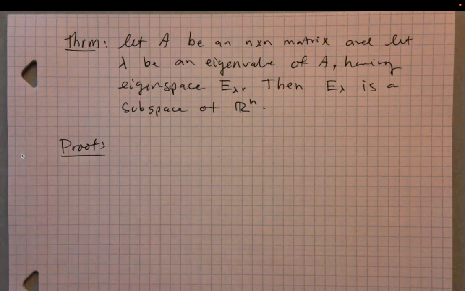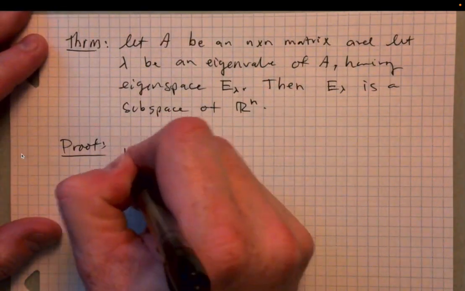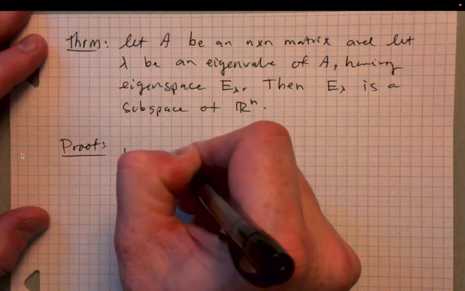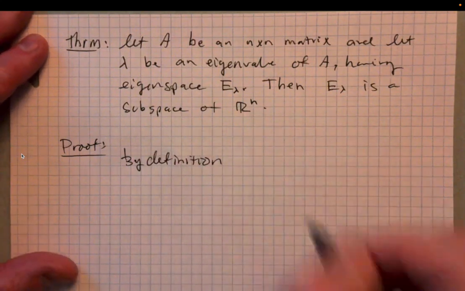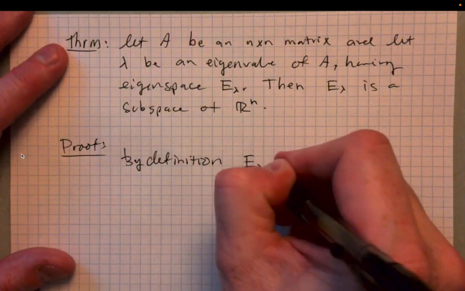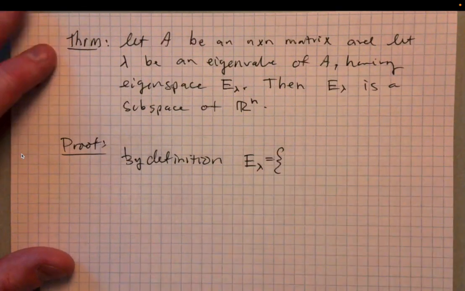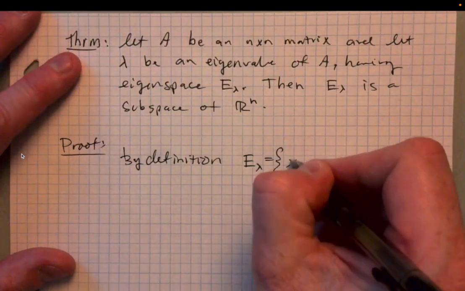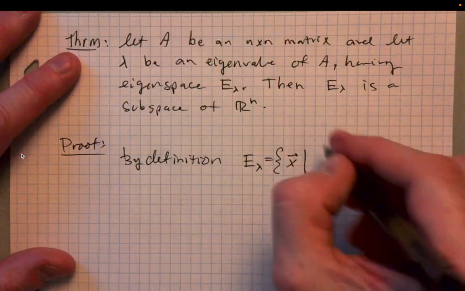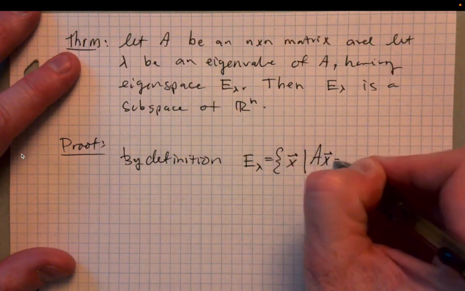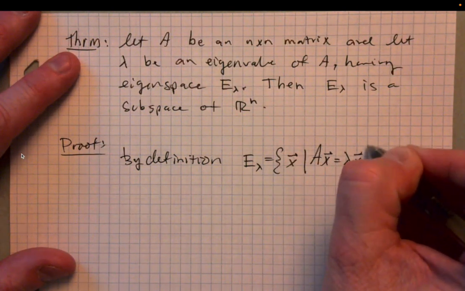So by definition, what is E lambda? If you can't remember, you could go look, but it's basically the set of all vectors such that A times that vector is equal to lambda times that vector.